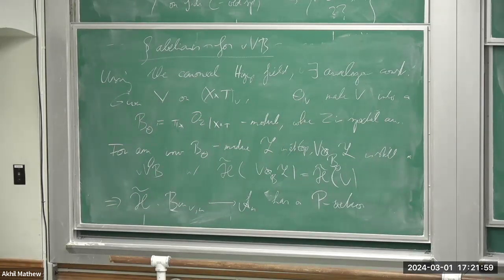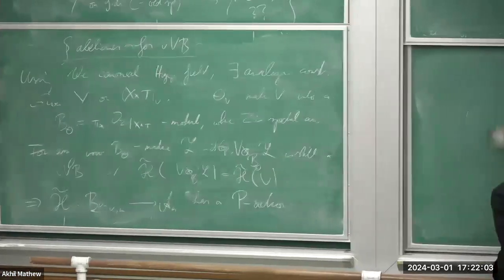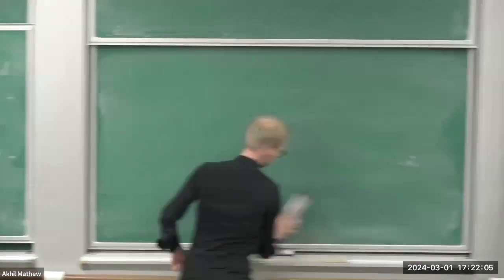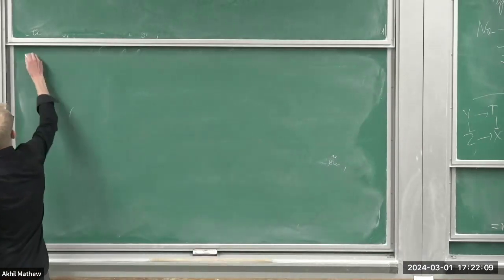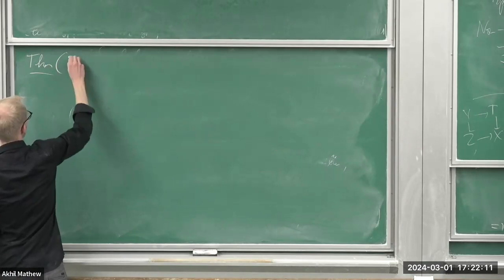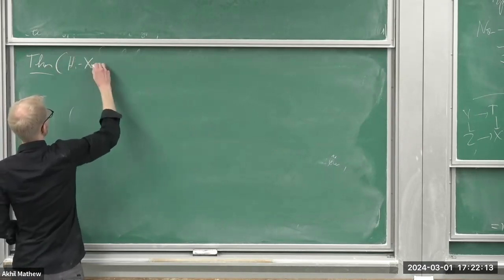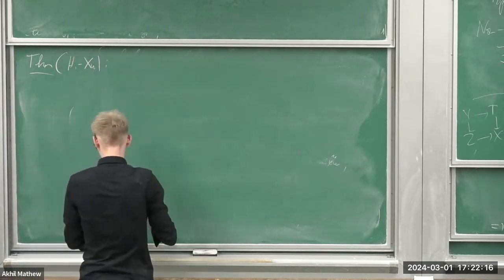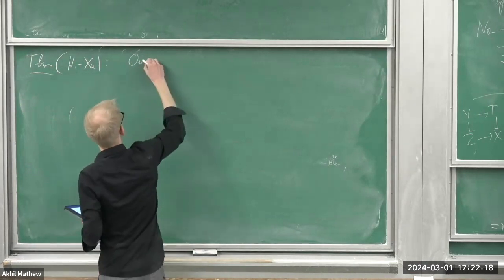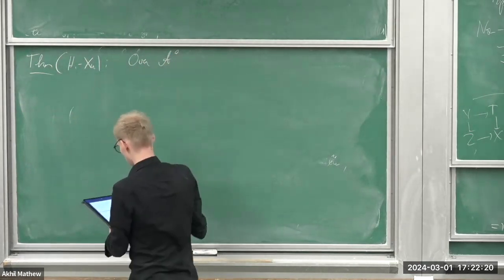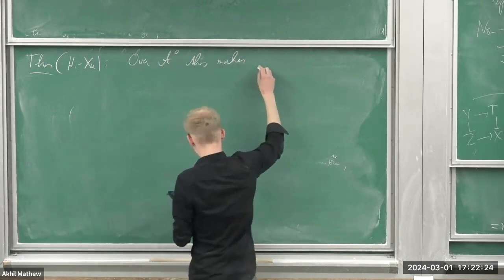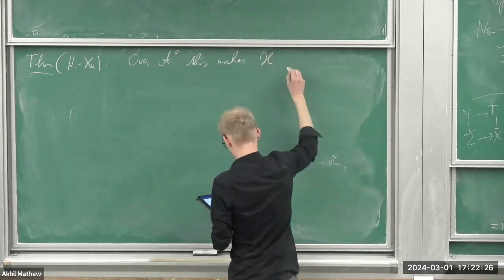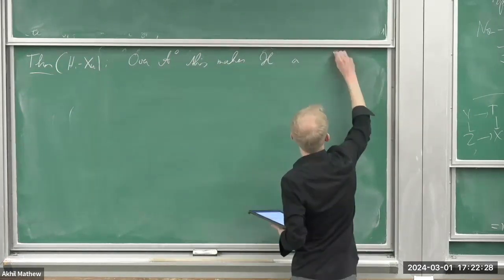Fine. Now we have everything set up. So the first theorem is that over the regular locus, this makes the Hitchin fibration a p-torsor.